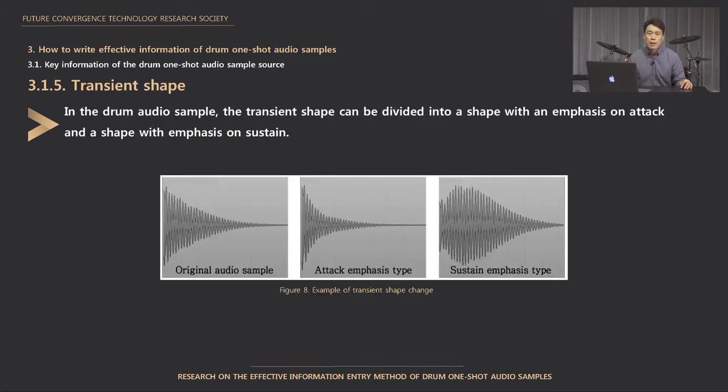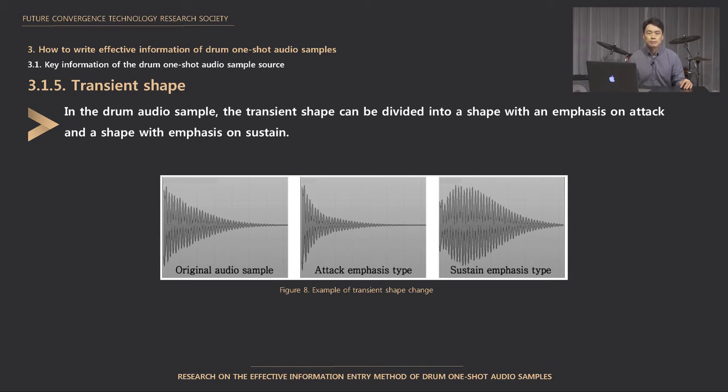In the drum audio sample, the transient shape can be divided into a shape with an emphasis on attack and a shape with emphasis on sustain. In the form where the attack is emphasized, the sound pressure sharply decreases after the peak level, so that a strong tapping sound can be felt.